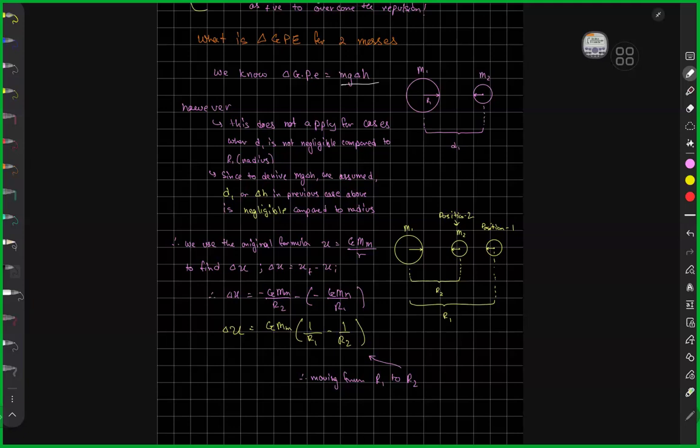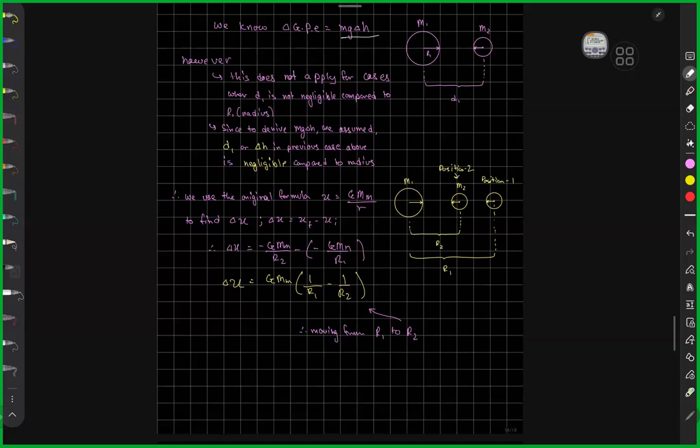But over here, this wouldn't work because the separation is really large, really far as compared to their radius. So you can't make the assumption that g is constant. Hence, over here, you have to do something different. We use the same original formula, that is GMm by r.